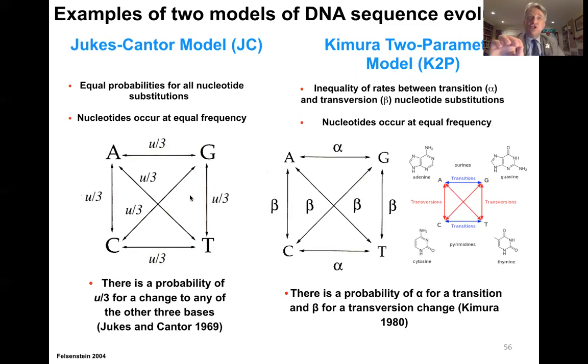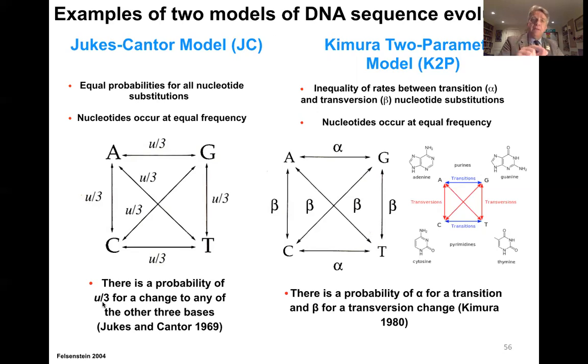So going from A to G has the same probability as changing from A to C, all right? And any of these changes are equiprobable. It's just that there's a probability of mu over 3 for a change from 1 to any of the other 3 bases, all right?